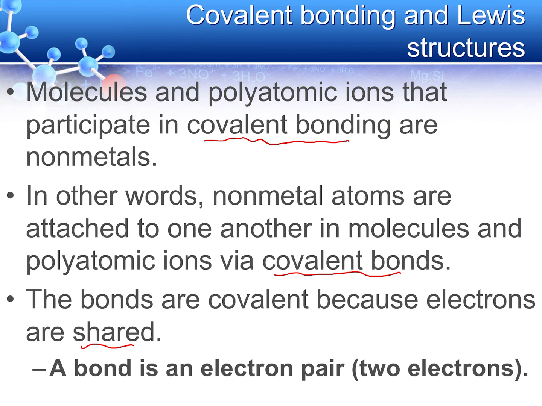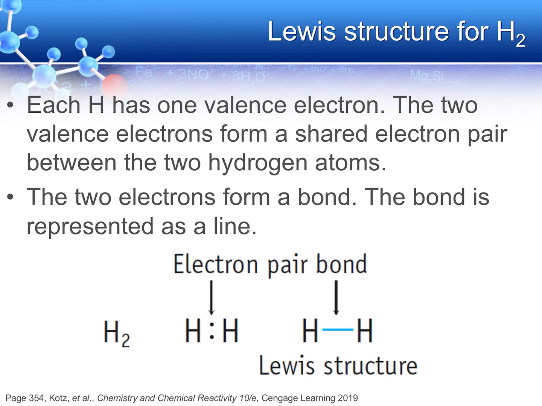When we say bond, a bond is an electron pair, and an electron pair is 2 electrons. So when we say we have a bond between 2 atoms, it's 2 electrons. We can start with drawing Lewis structures for H2, hydrogen, the very simplest one. Each hydrogen has 1 valence electron.